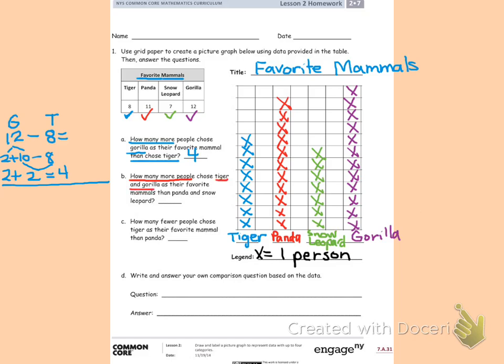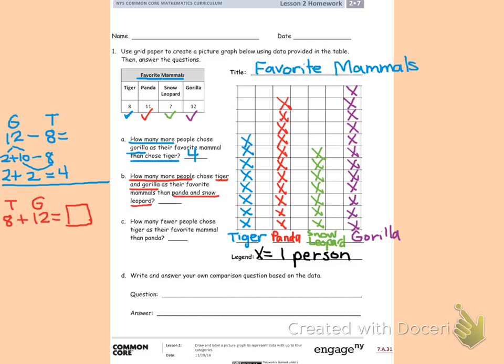Tiger and gorilla, panda and snow leopard. So let's go ahead and do tiger, that's an 8, and gorilla, that's a 12. And figure out what that total is here.